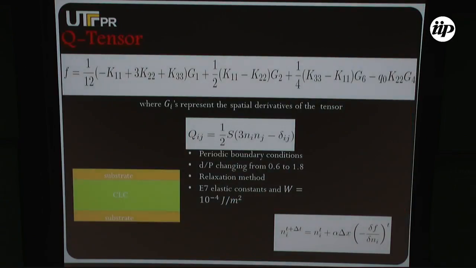In order to investigate this, we use a simulation process with the Q tensor. It is a Landau-de Gennes style representation of the Q tensor, but instead of using the Landau energy, we just use the Frank free energy. I think people have shown it before.